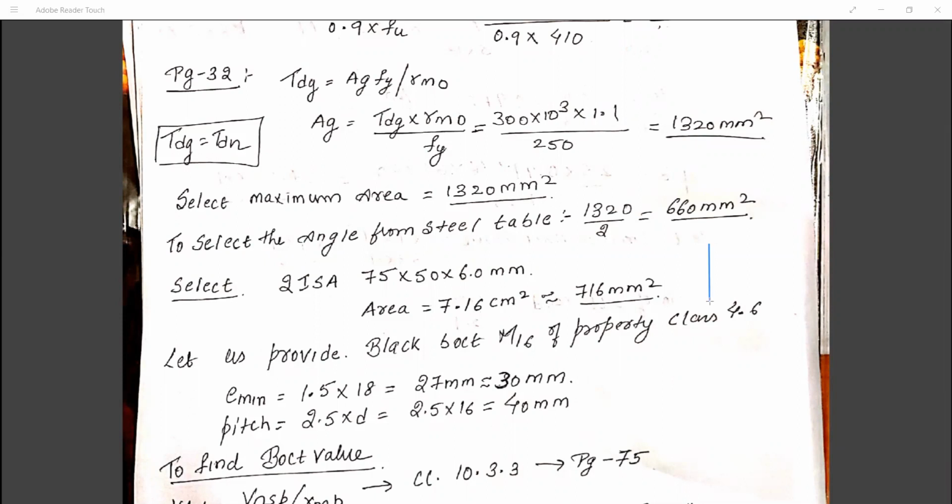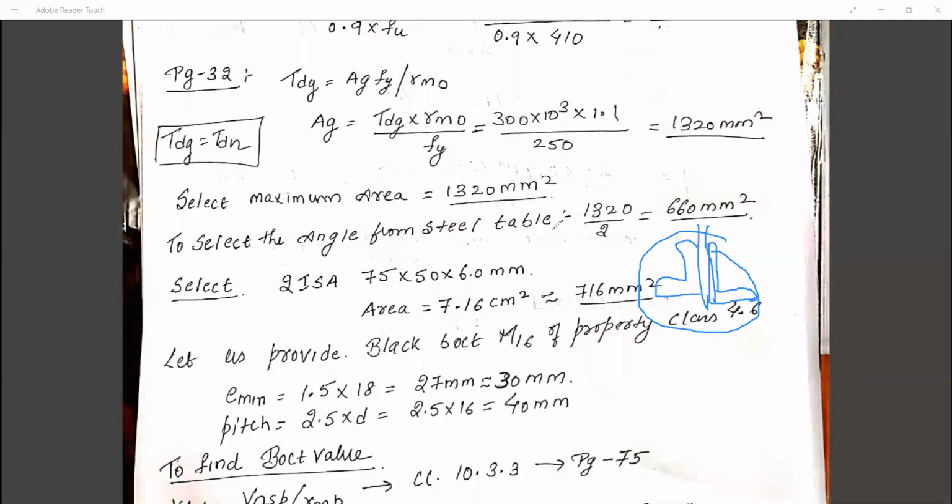If I had drawn this, it would be only for a single angle, but here I need the section at this point and at this point also. In both cases I need a double angle section.